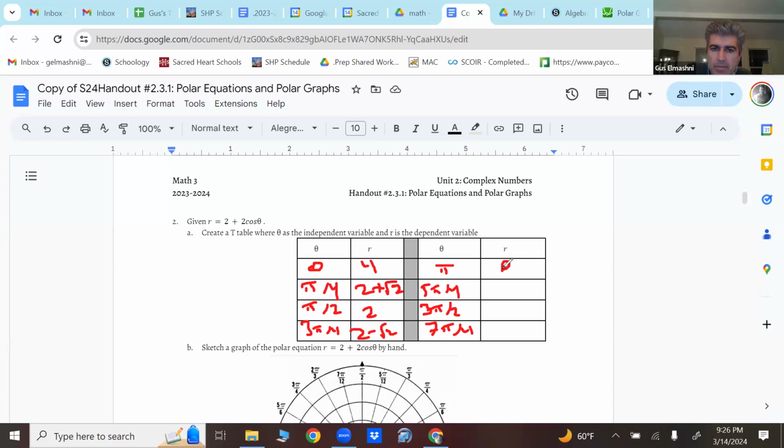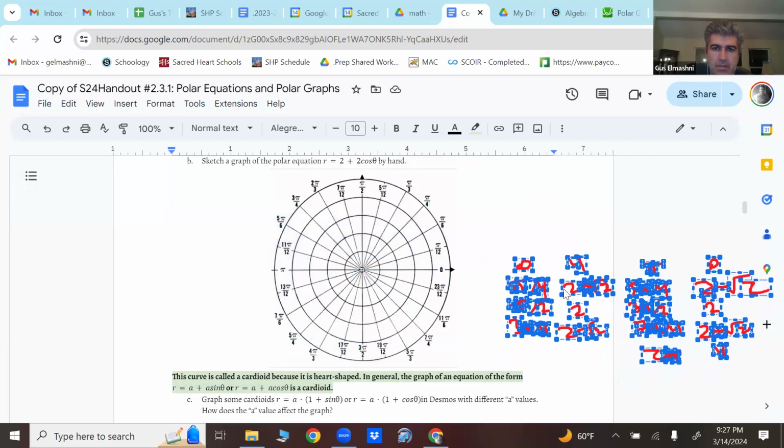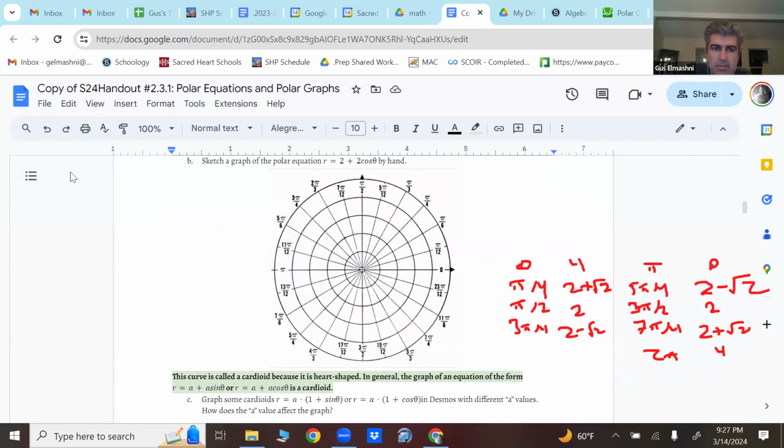Then it's back to maybe 2. And if I plug in 2 pi, go back to 4. Yeah, 0, 4.